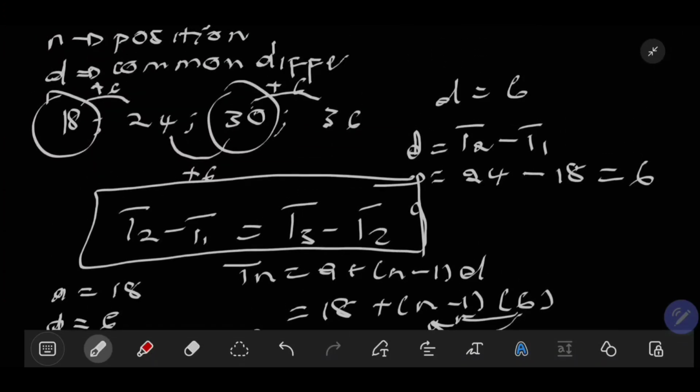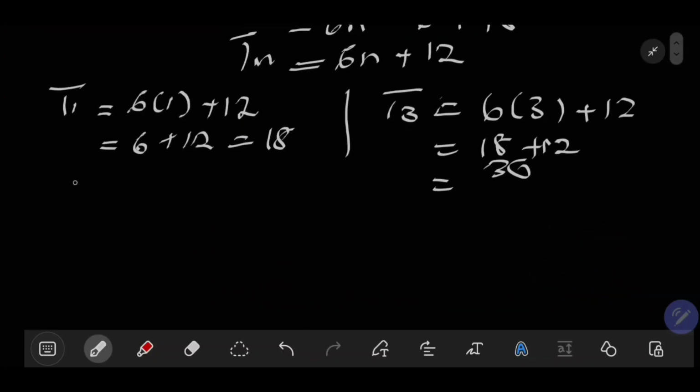If a question comes and they want you to determine term number 50, where you see n, you just substitute 50. So T50 equals 6 times 50 plus 12.